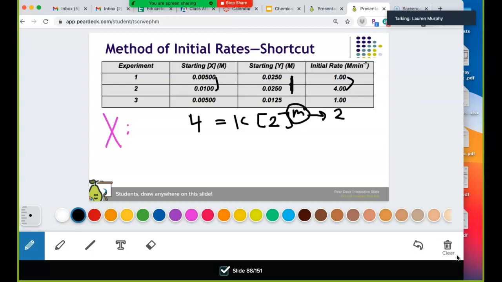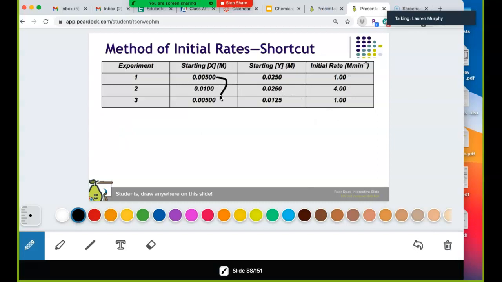So now let's do it again for Y. We used experiments 1 and 3, right? Because X wasn't changing, so we could focus on Y. So I'm going to go from 3 to 1 when I'm looking at it visually. So the rate for Y equals K, some Y, we don't know the exponent.